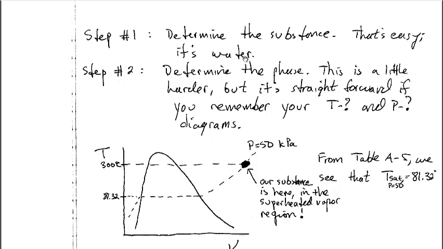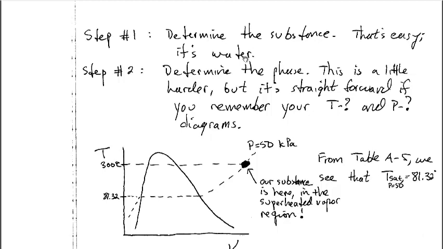We'll do that next week. But folks love to apply the ideal gas law to every substance. That's not going to work. If you have water, you need to make sure that you use the water tables. If the substance is R134A, you need to make sure that you use the R134A tables.